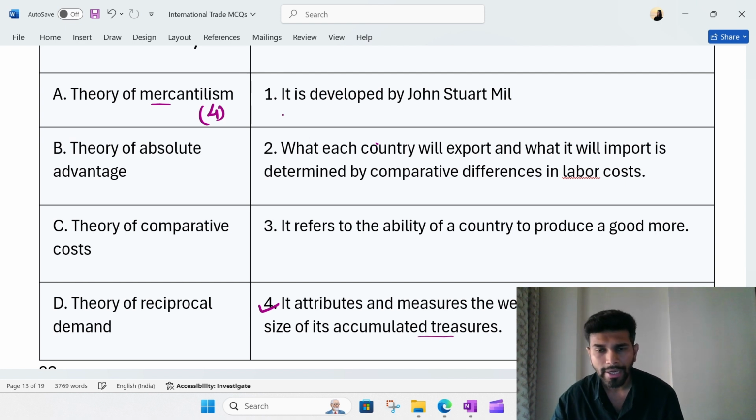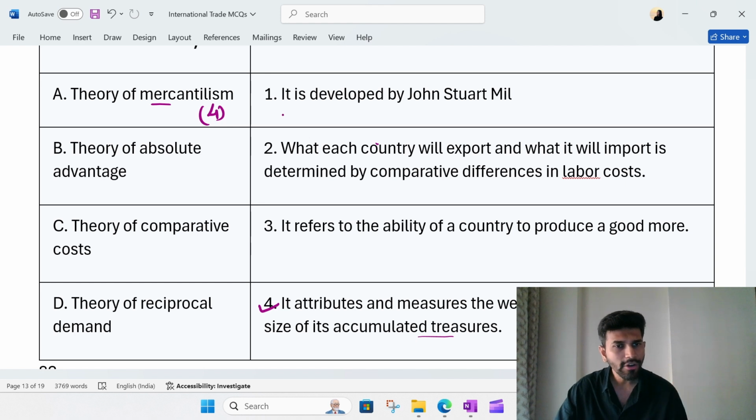Remember, accumulated treasure is a feature. Don't get confused by wealth of nation. Wealth of Nations is a book written by Adam Smith, but here it is talking about the features of the theory. So, theory of mercantilism says that countries should accumulate gold to become wealthy.